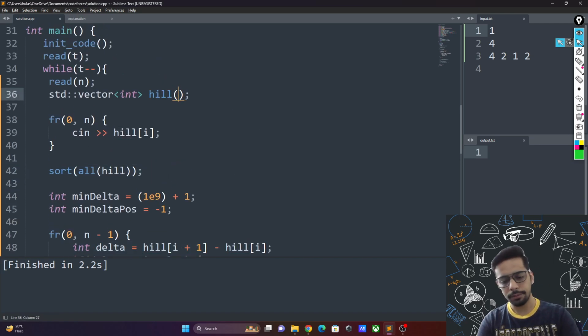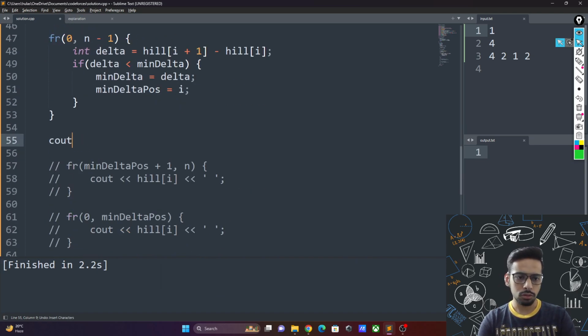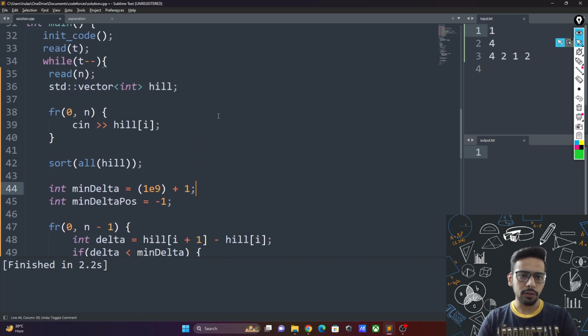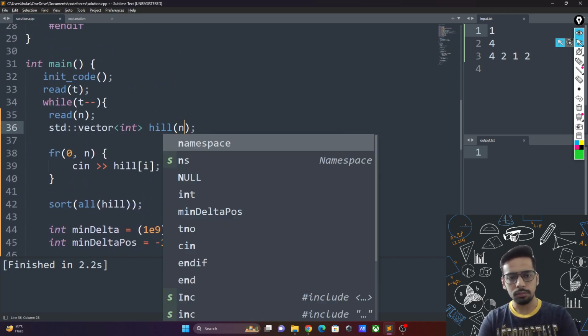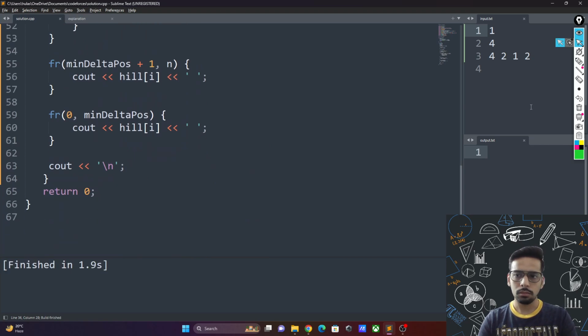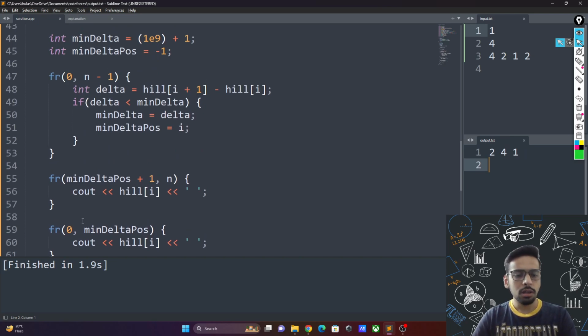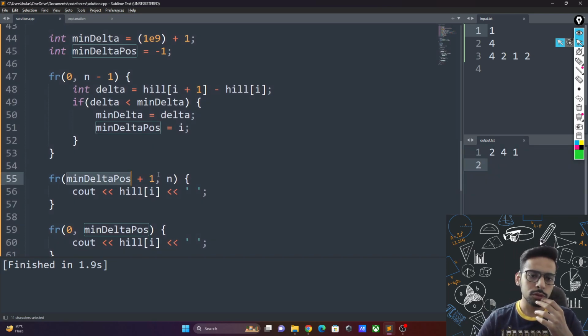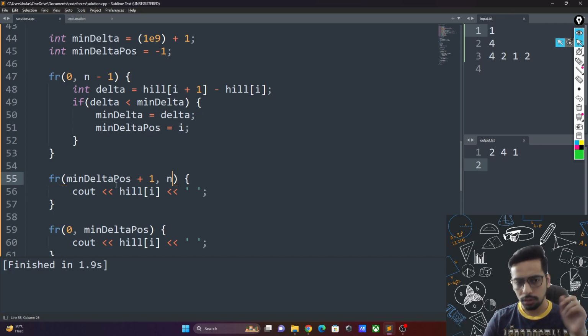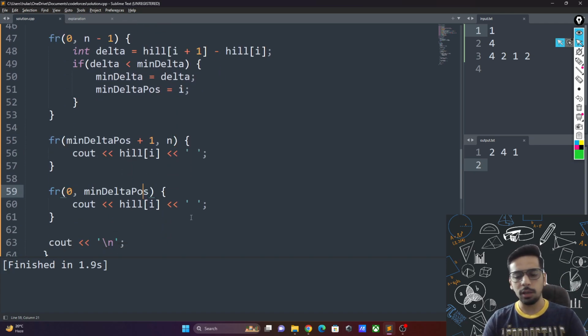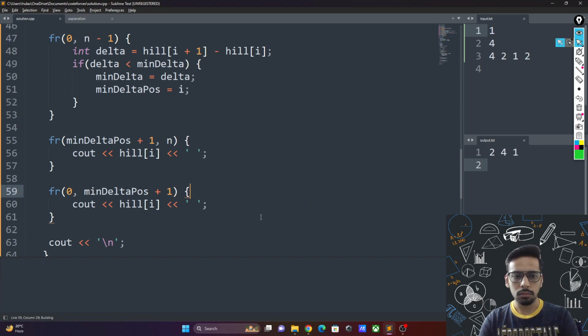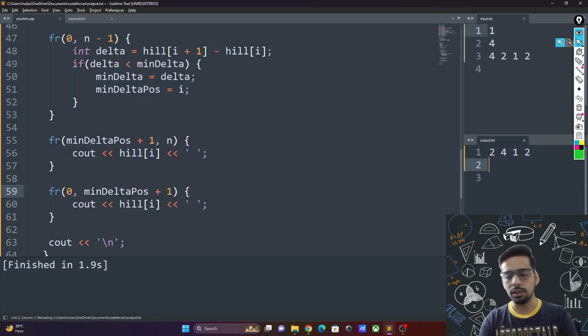Oh, got it. Again, sorry for this. I never declared the size of the vector. Yeah, 241, which is incorrect, and then finally nothing. So let's see what could go wrong. Min delta pos plus 1 to n, that should be okay. Then 0 to min delta pos plus 1 because the loop ends at min delta pos. 2412. And for the last case, let me get that input.